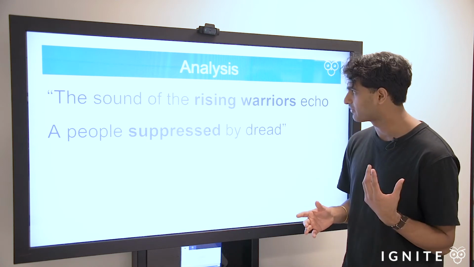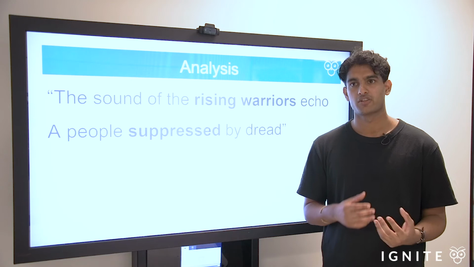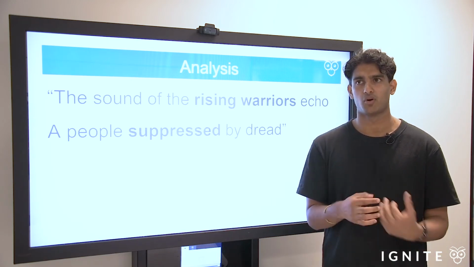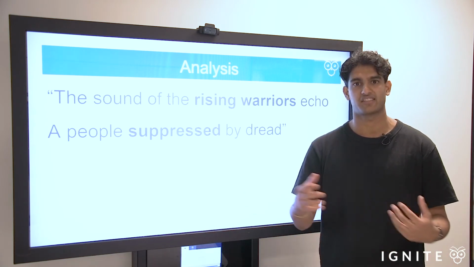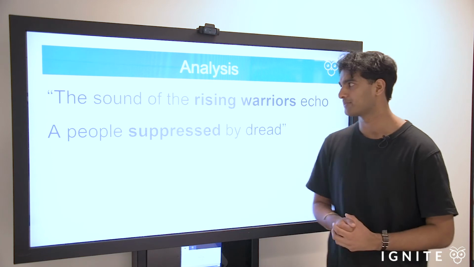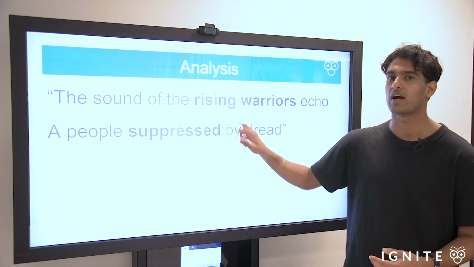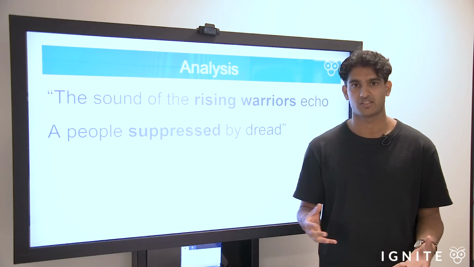It's a really effective representation of the way in which language can be used to heighten the message of what the poet is trying to achieve, but also represent its broader context and how it's situated in that landscape. It's also important to consider the juxtaposition between rising and suppressed, which are obviously opposite actions.